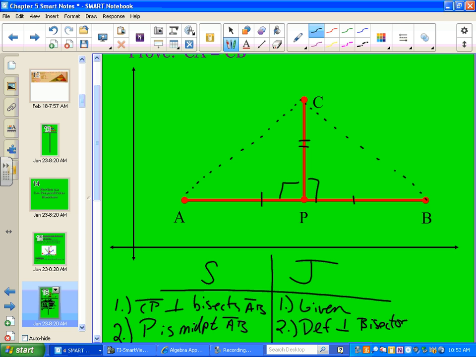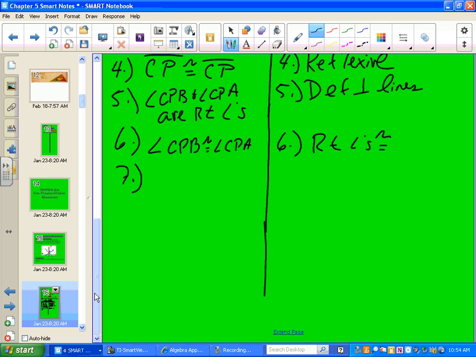So what do we have now? Do we have Edmund? Give me the triangles, please. Good. Triangle CAP is congruent to triangle CBP. And that's side angle side.